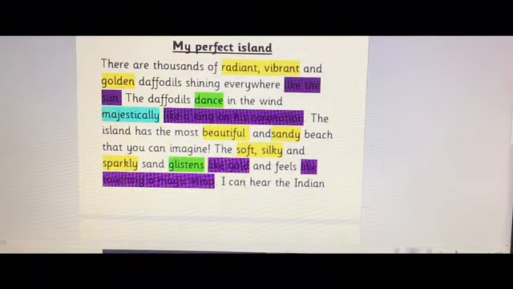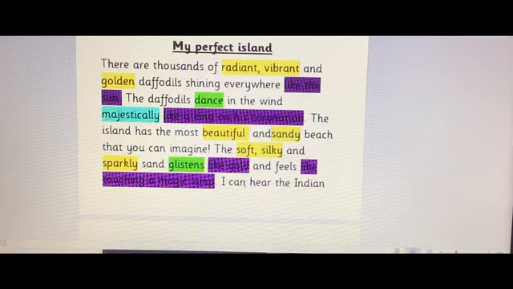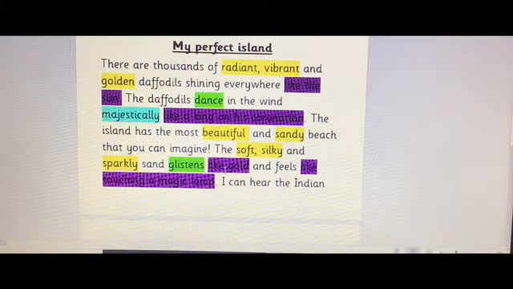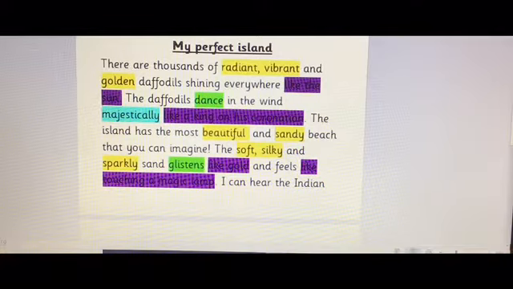The soft, silky and sparkly sand glistens like gold and feels like touching a magic lamp. So again, we've got the adjectives in, and we've got the verb for glisten, and again there's the similes comparing it to gold and comparing it to touching a magic lamp.